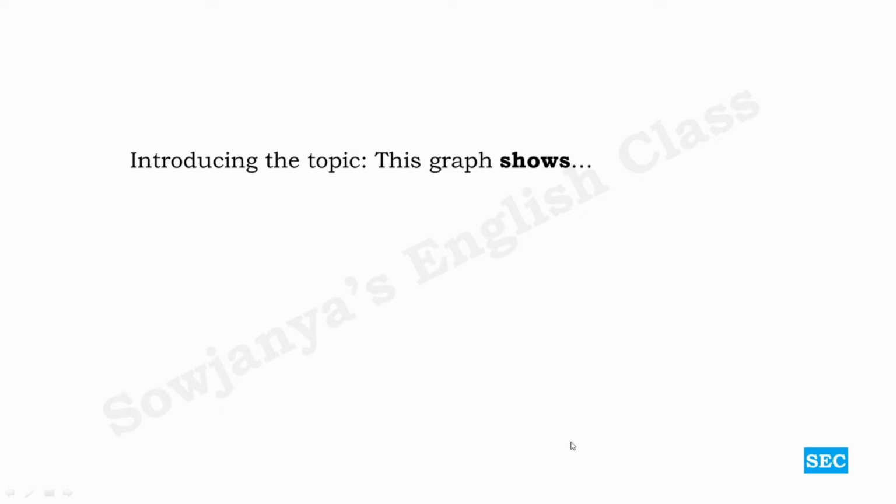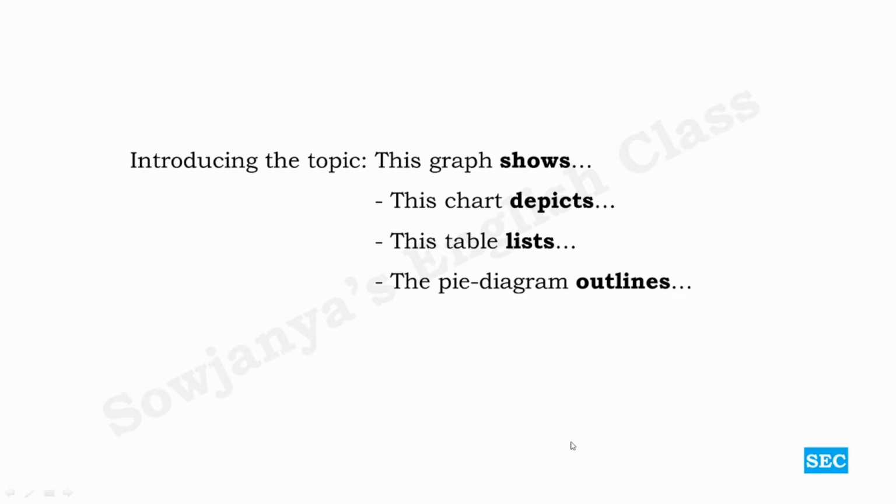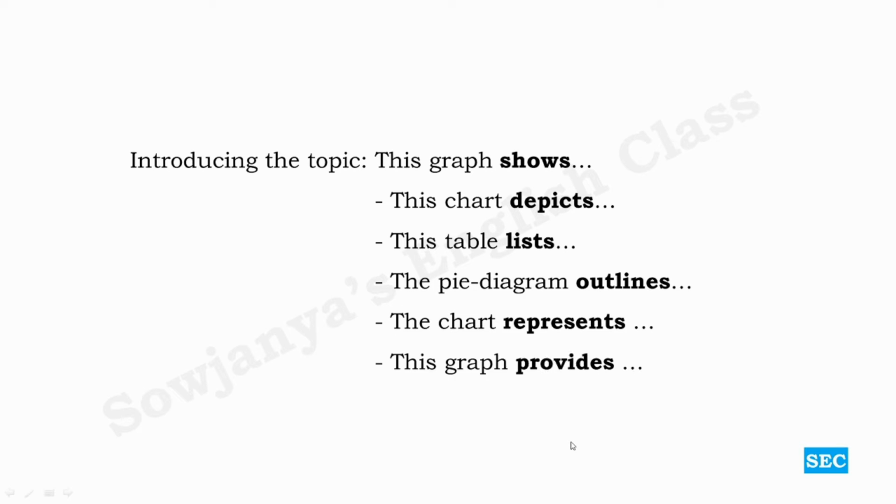And then, introducing the topic, we are going to use some phrases. For example, this graph shows, or this chart depicts, or this table lists, the pie diagram outlines, the chart represents, this graph provides.